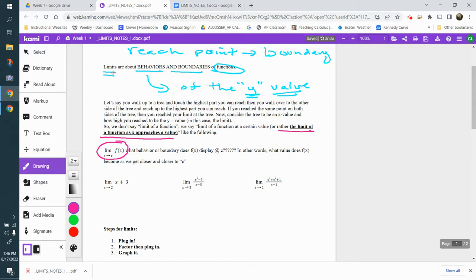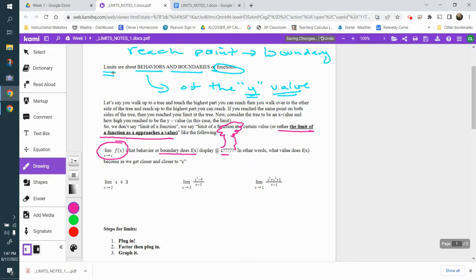The limit as x approaches, that arrow means approach, c of whatever f of x is. So what we're saying is, what behavior does f of x display as it approaches c? C's the tree. Here's my tree again.